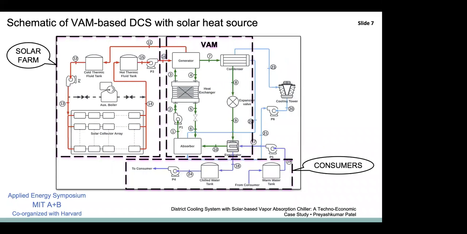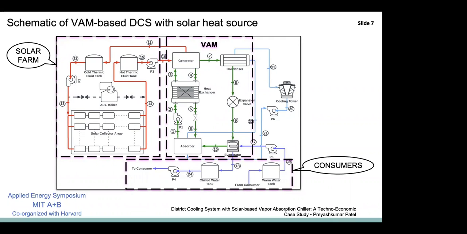In our case study, we consider a district cooling system with a vapor absorption chiller plant that gains heat energy from the solar farm. In this schematic, you can see the entire layout of the plant. On the left hand side, there is a solar farm that comprises parabolic trough collectors, and using those parabolic trough collectors, solar heat is gathered and supplied to the thermic fluid.